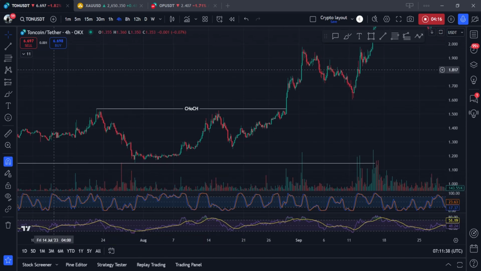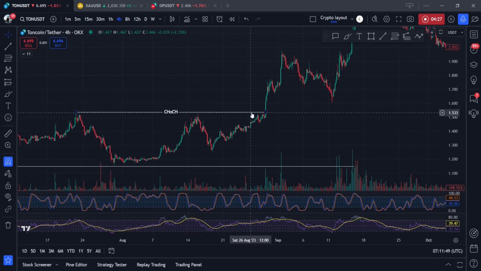Because the price is coming from above, and now it changed character. I use this term, or in smart money concept, that's what we use. And now the price from being bearish is going bullish, meaning from downtrend it's going uptrend.